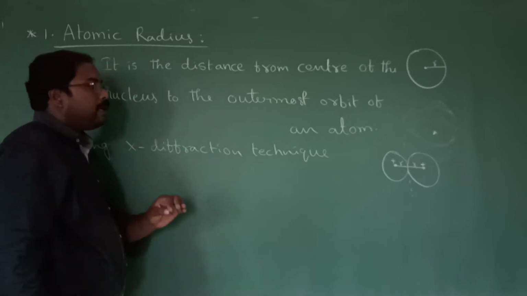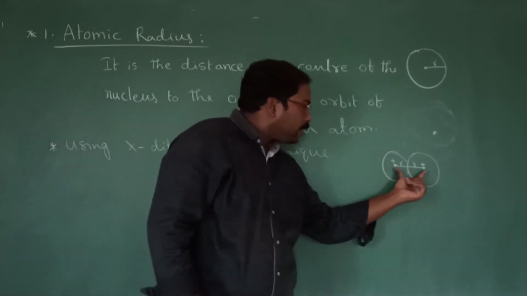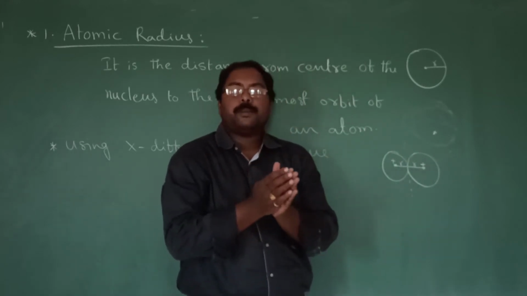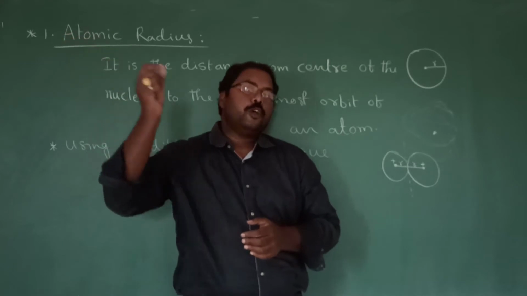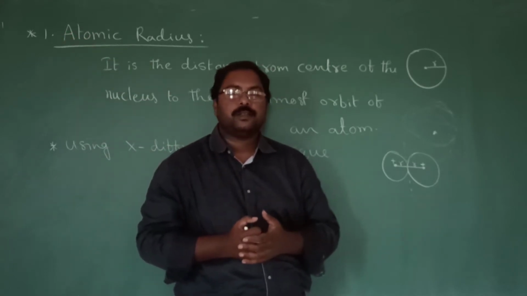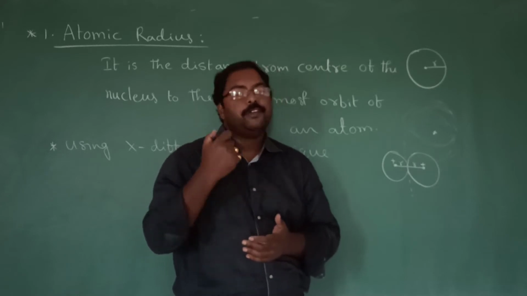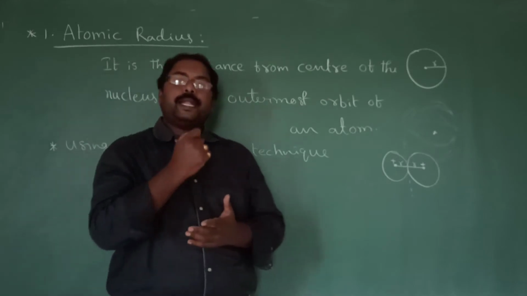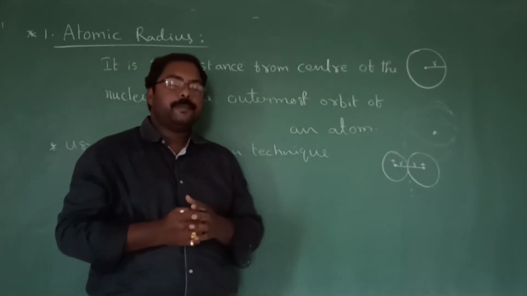But coming to the atoms, we know that some of the atoms, like noble gases, don't combine with other elements. They will be present as individual atoms. Or if you observe metals, in the metallic state, only metal atoms will be present.